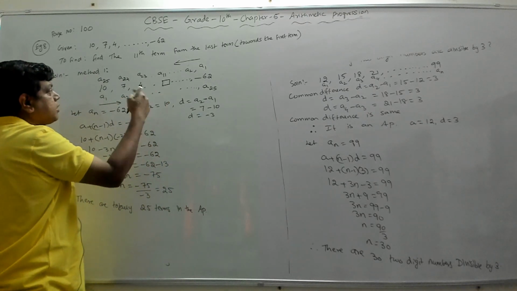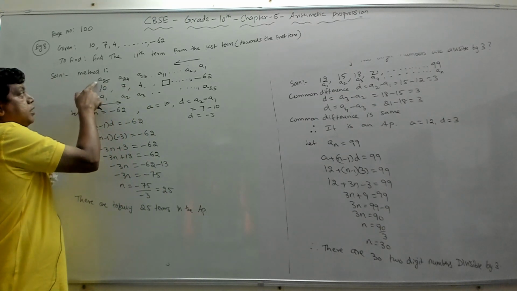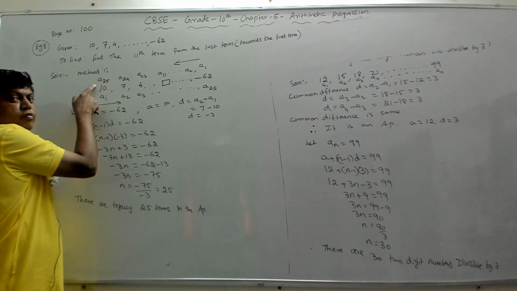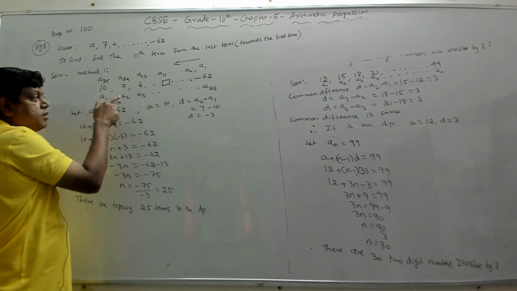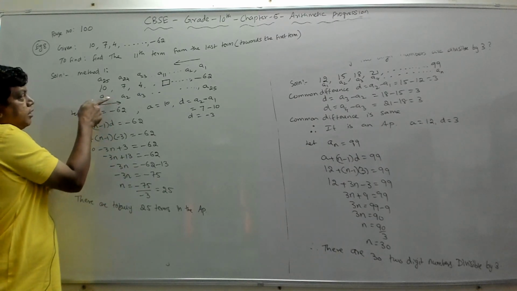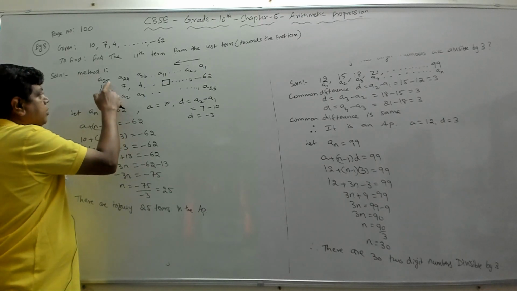To find that, let's observe. The first term is the 25th term from the reverse direction. The second term is the 24th term from the reverse. Now if you observe, what is 25 plus 1?